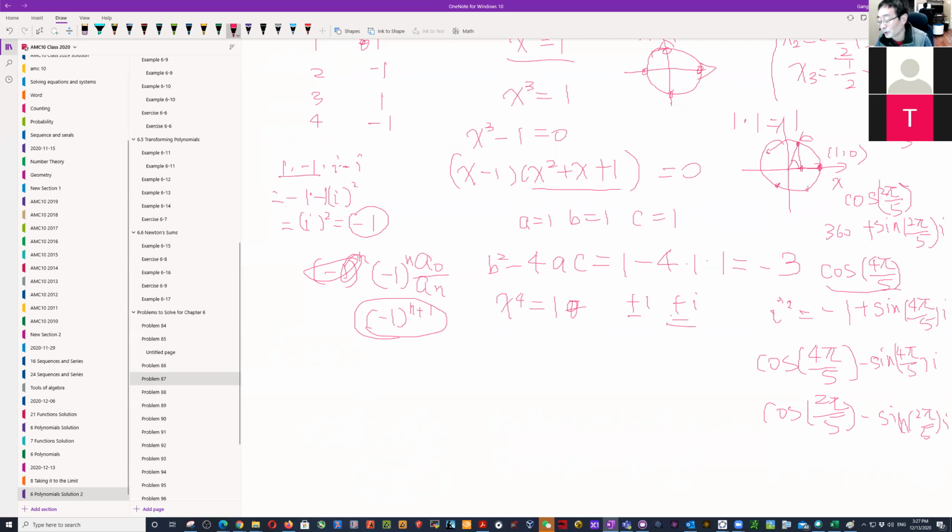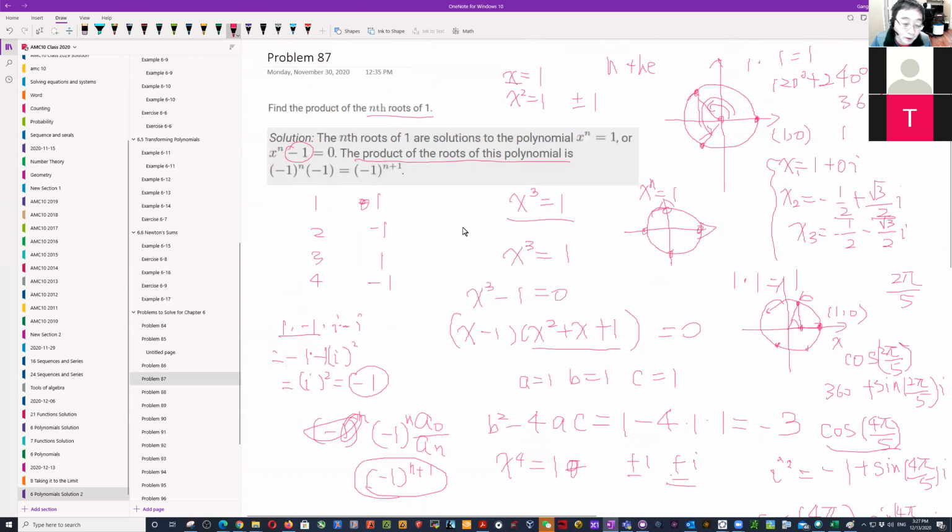So this complex number system is designed to handle any degree.